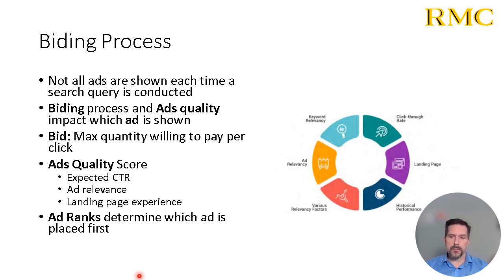Now, the way the bidding process works is not just the bid you put that matters. It's a combination of the bid and the quality of your ads, okay? Why? Because Google doesn't only care about you paying the money. Google wants, because this is their brand, the advertising that is going to show at the top to be of sufficient quality that people are likely to click on it.